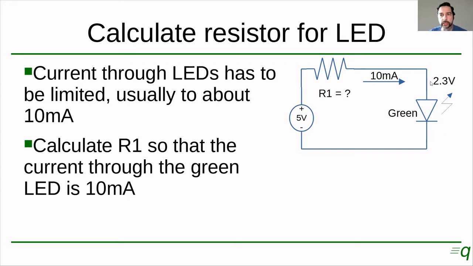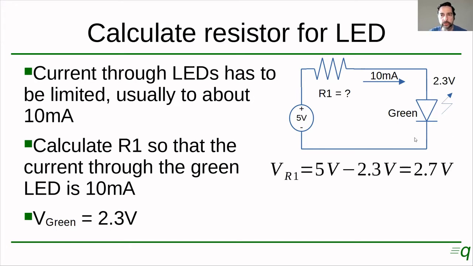Only in that problem we had a device here that's taking 1.7 volts, and now this is a green LED. So a green LED, we saw in the previous slide, would take about 2.3 volts when 10 milliamps go through it. So this is our circuit, 5 volts, a resistor of unknown value, and 10 milliamps, and 2.3 is going to be taken by the LED.